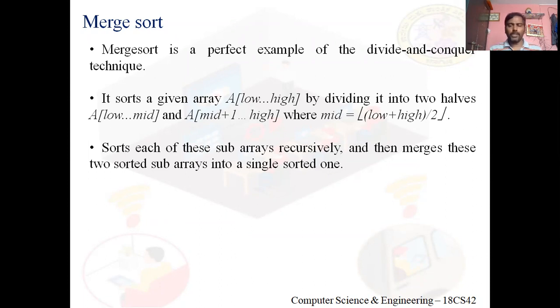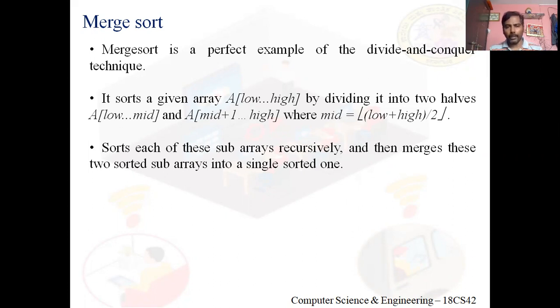Now where to divide? You find the mid. Mid is 0 plus 7, that is 7 by 2, 3 point something, approximately 3. Now I have two halves. One half is a subarray with indices from 0 through 3, because 3 is the mid. The second half is from 4 to 7.